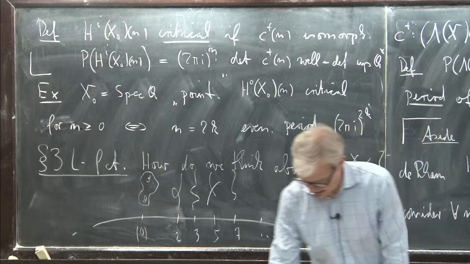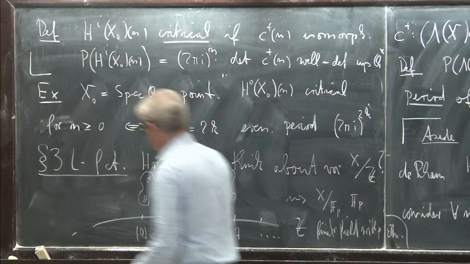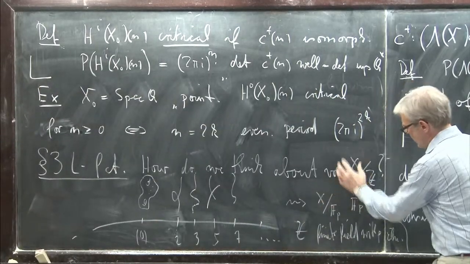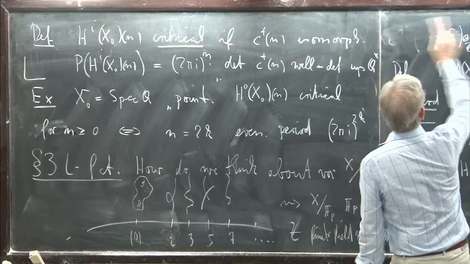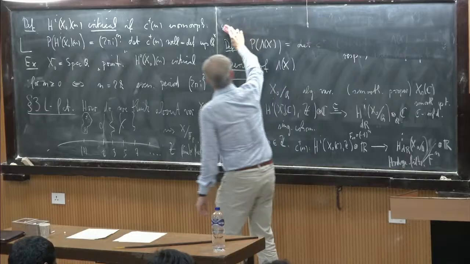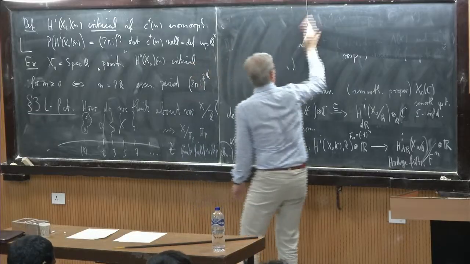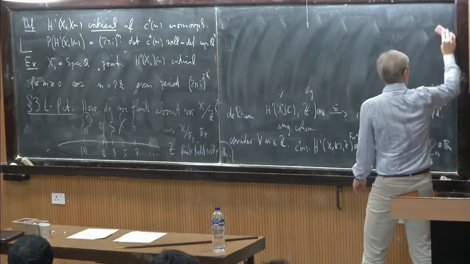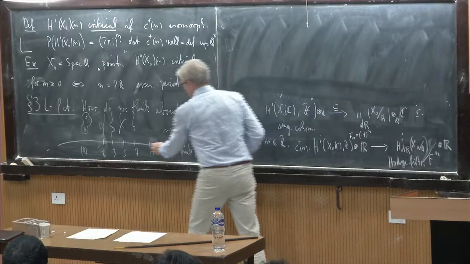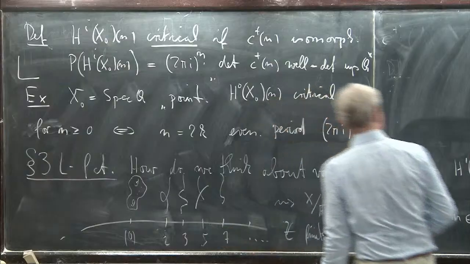Now the L function consists of arithmetic information contained in here. And this arithmetic information is in a certain sense local. And what does that mean? Local means it is just concentrated in each fiber over p.